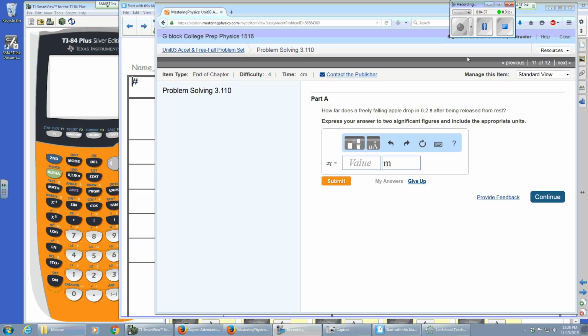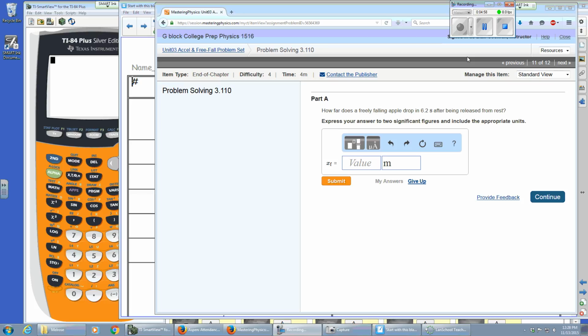All right. So the 11th problem here asks, how far does a freely falling apple drop in 6.2 seconds after being released from rest?